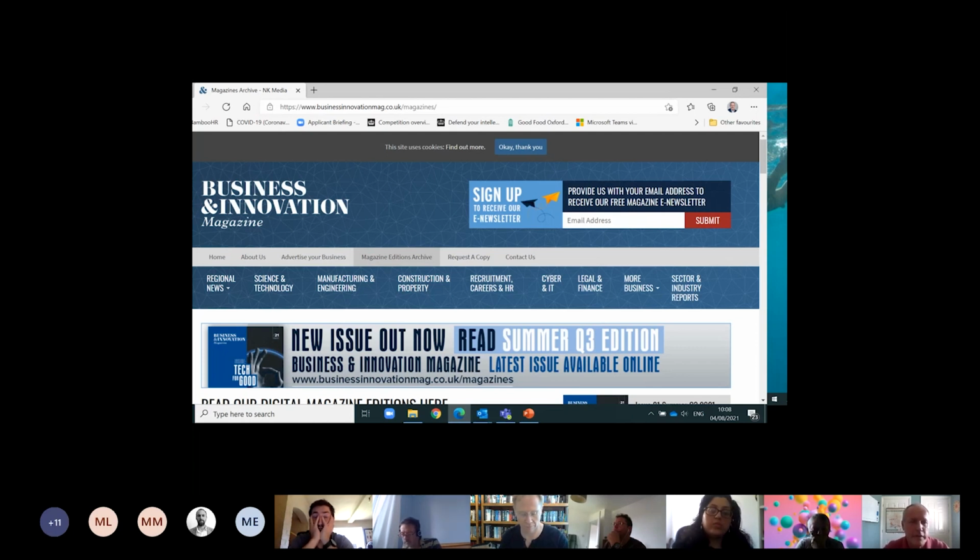And if you go into this magazine, you'll find quite a lot in the local area of companies that have benefited from grants and benefited from other sorts of innovation funding. So as well as hearing about how people are using schemes, you get a bit of an insight into the schemes themselves.